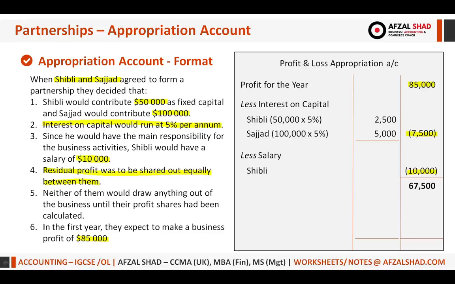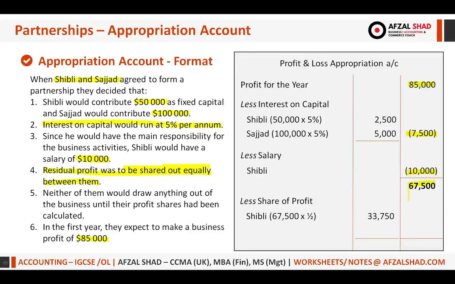So you have got residual profit 67,500. Now what you need to do is split up or distribute this residual profit. What is the ratio given? In point number 4, he says that the residual profit was to be shared out equally between them. So the ratio is going to be half. So remember, we had only 67,500 with us.